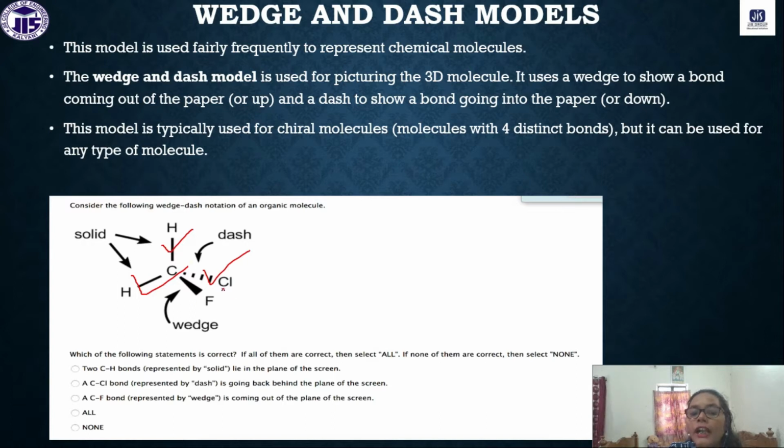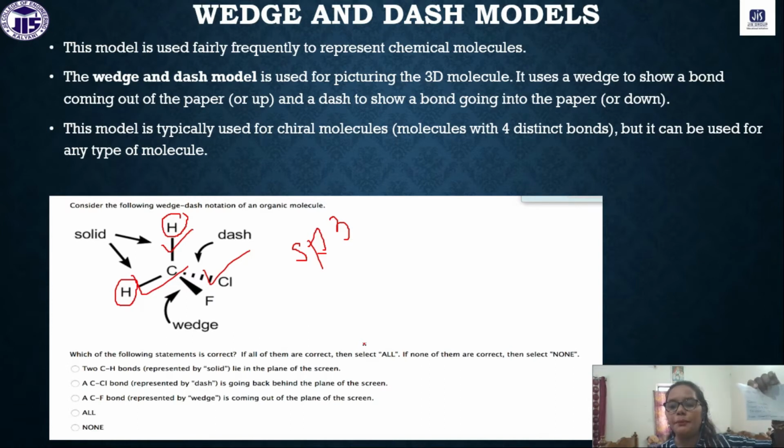Generally this is a chlorofluorocarbon, and this carbon is sp3 hybridized. Now, these two hydrogen atoms are in the same plane, like this. This is a paper, all of you can see.